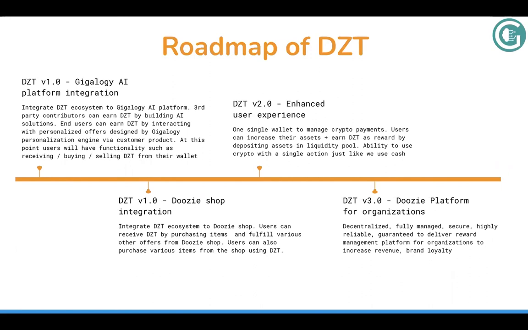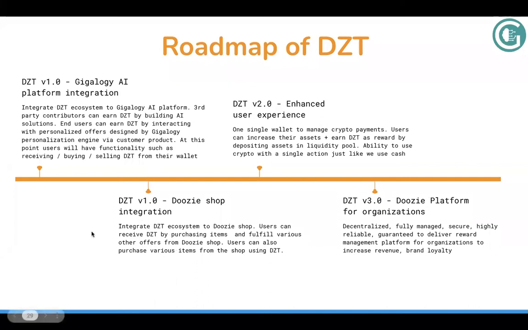It has 3 entities, just like the entities in the initial value proposition we shared: end users, businesses who are our customers, and contributors. I will talk about details of how the Doozie token will work on the Gigalogy AI Platform in the next slide, so I'm going to avoid any details here.